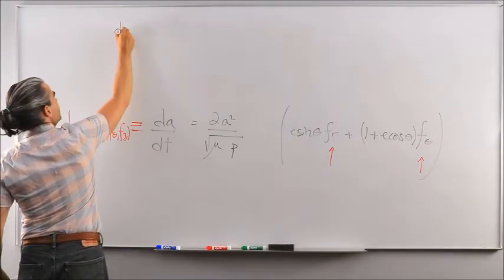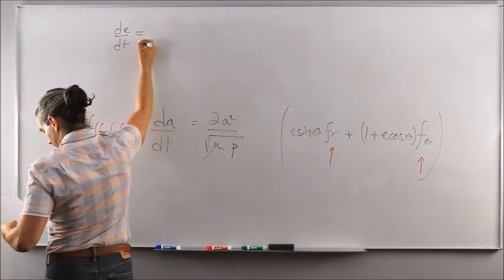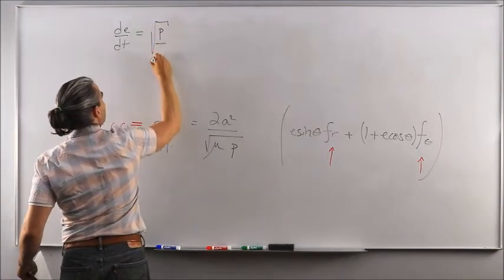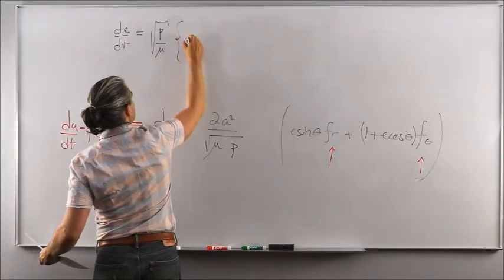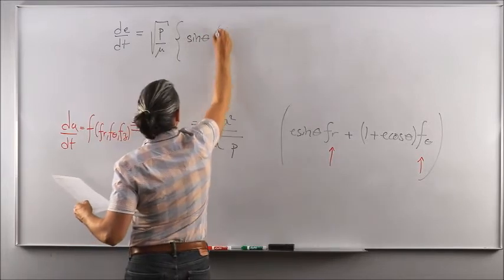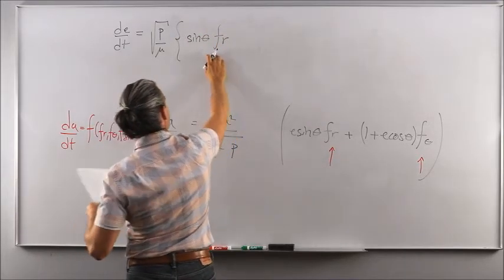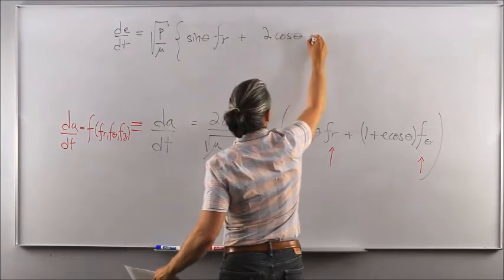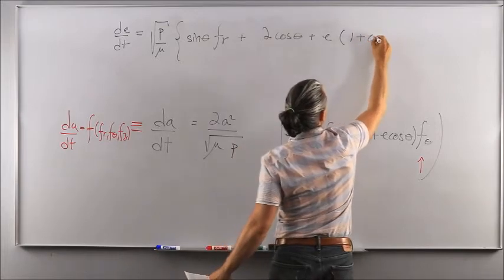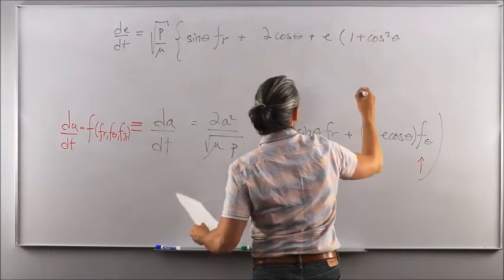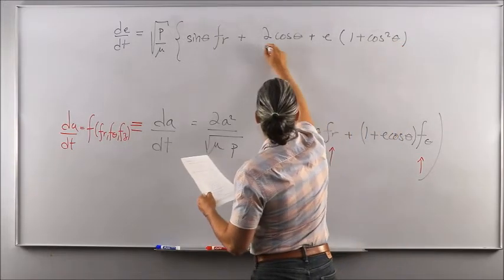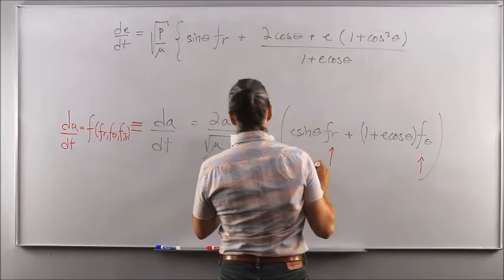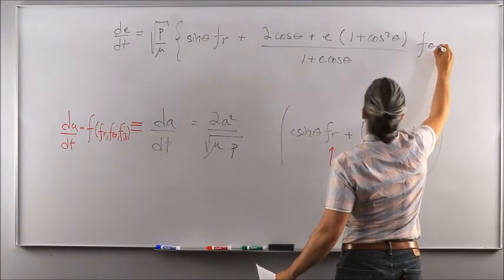So you have for de/dt, rate of change in eccentricity, the square root of p over mu multiplies sine theta times the x component of the perturbing acceleration seen in the orbital reference frame, plus 2 cos theta plus e times 1 plus cos theta squared, all this divided by 1 plus e cos theta, and this guy multiplies f_theta.